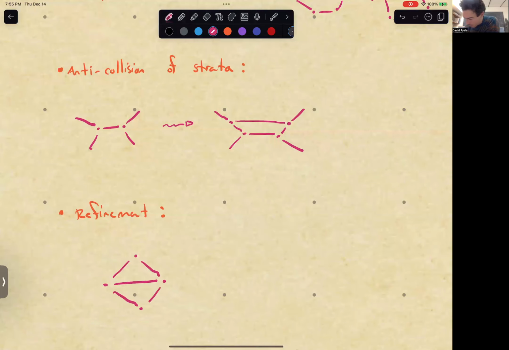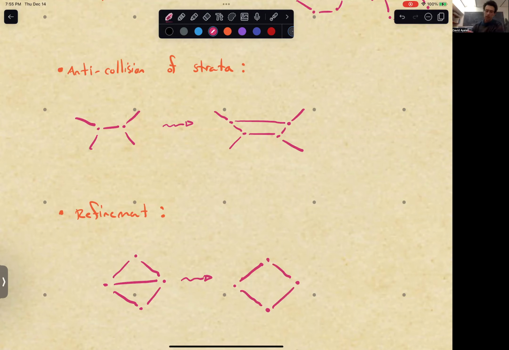So this might look familiar from Fokker moves. So we just remove a stratum. So those are the morphisms in this category.